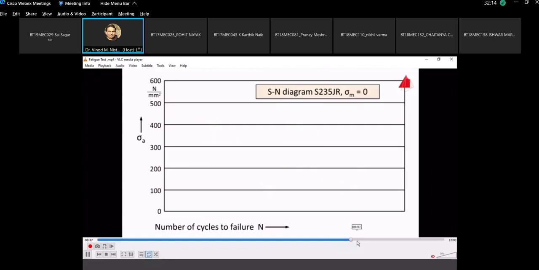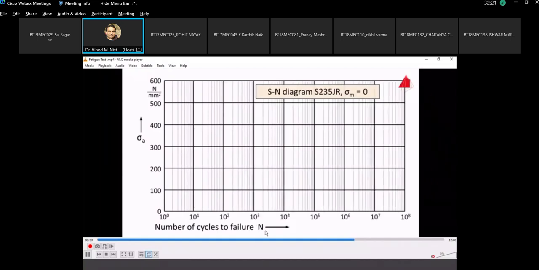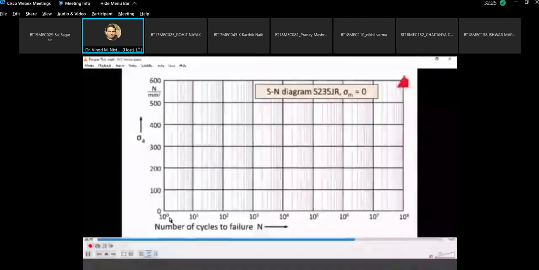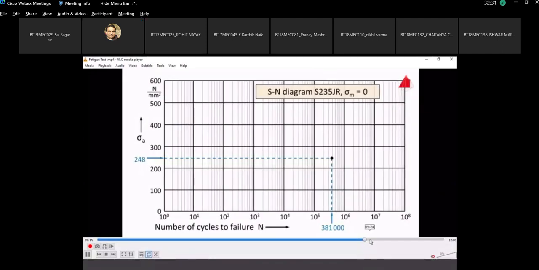It is not possible to show this many cycles on the x-axis, so we have plotted a logarithmic scale. These are the values we get from the different specimens, specimen 1, 2, 3 and so on.